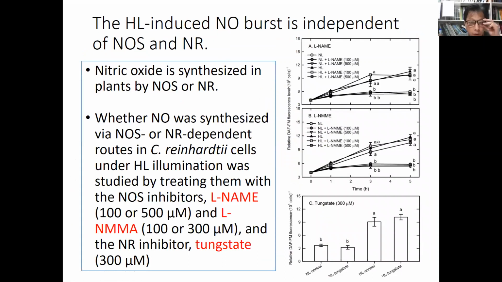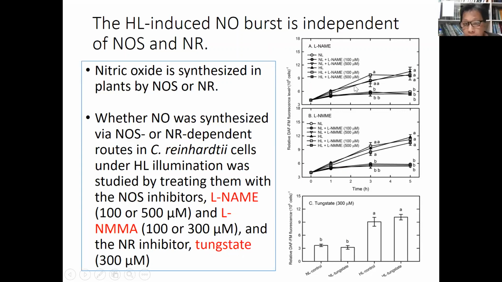Next, we would like to ask the question. We know that NO will be synthesized in the plant by NOS or NR. So we use the NOS inhibitor L-NAME or L-NMMA, and also use the NR inhibitor tungstate to inhibit the NO production.